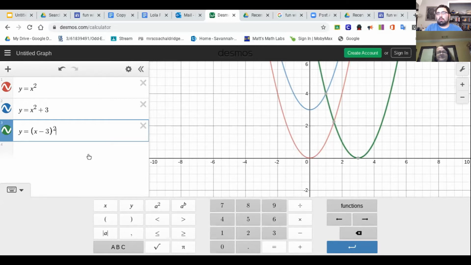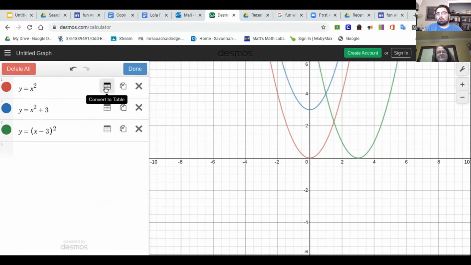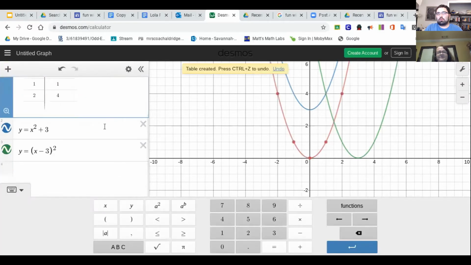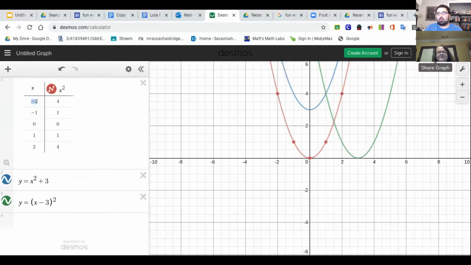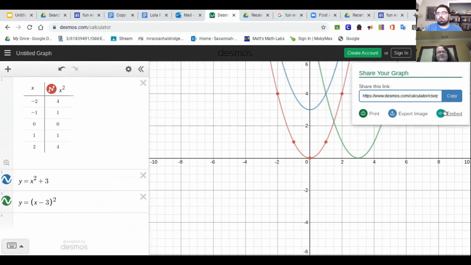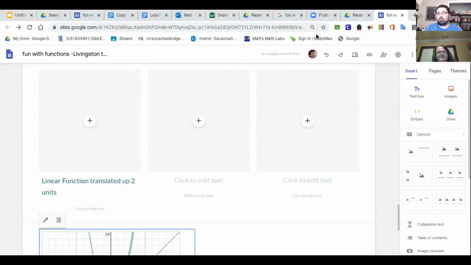These are the things you're going to have to do. If I want to embed this, I can go over here to share graph. Maybe before this, I want to show the tables too. Let's see if we can put some tables in here. If you want, you don't have to. We'll go here and share, and I think embed is probably the easiest. Control C, and I'm going to go back over here to my functions.